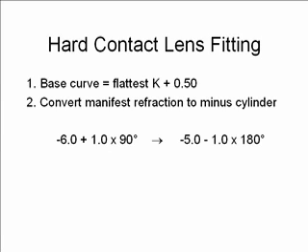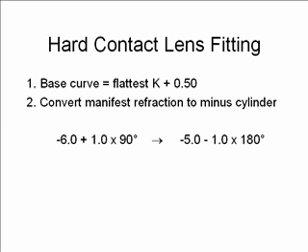Step 2, which is easy for most people who work in minus cylinder anyway, is we're going to convert the manifest refraction to minus cylinder. And we've gone over this ad nauseam, so we're not going to go over how to convert from minus to plus cylinder or from plus to minus cylinder now. Suffice it to say, do it.